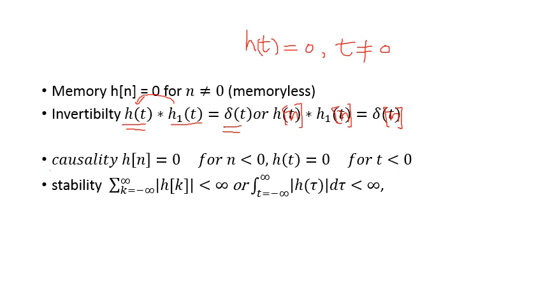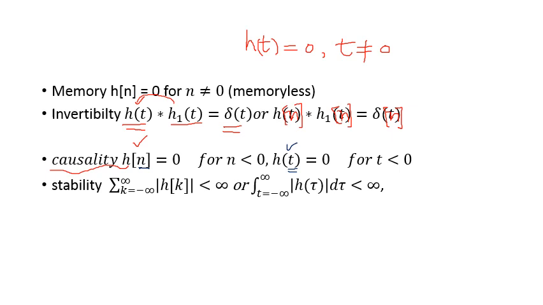Then we define the causality. So if you recall, for a system to be causal, the impulse response must be equal to 0 when its argument is negative. So you understand, for the discrete time case the argument is n, and for the continuous time case the argument is t.